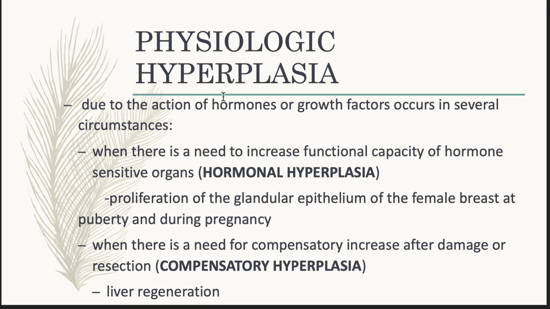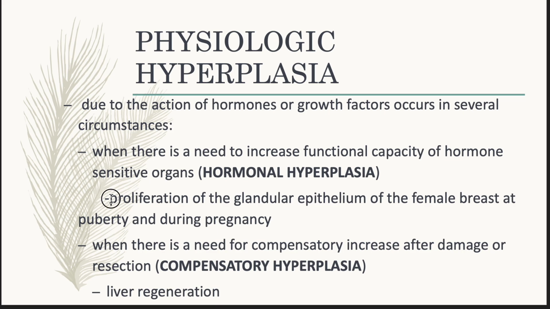So this is due to the action of hormones or growth factors that occurs in several circumstances. For example, when there is a need to increase the functional capacity of hormone sensitive organs. For example, when a woman gives birth, she needs to provide breast milk.